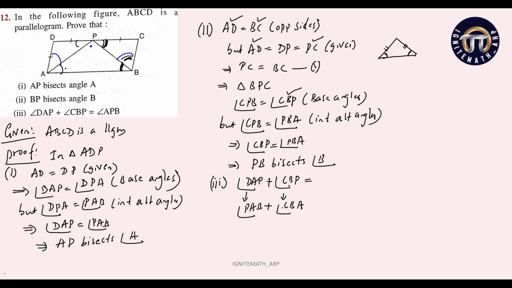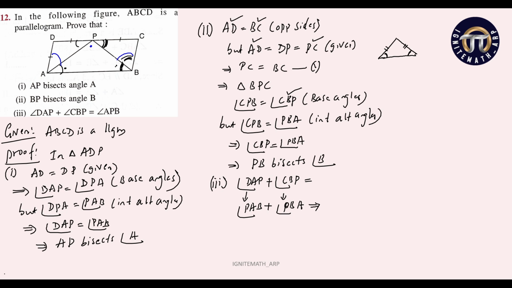Alright. So now why is this equal to, look at the screen very carefully. PAB plus CBA means what? PAB is this angle. CBA, not CBA, PBA is this angle.